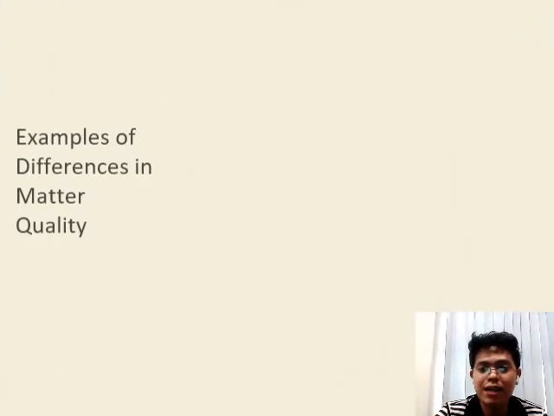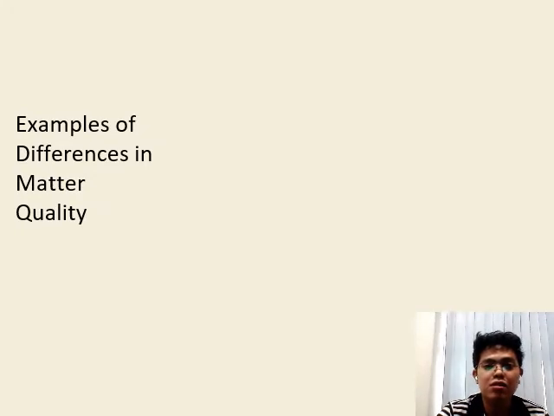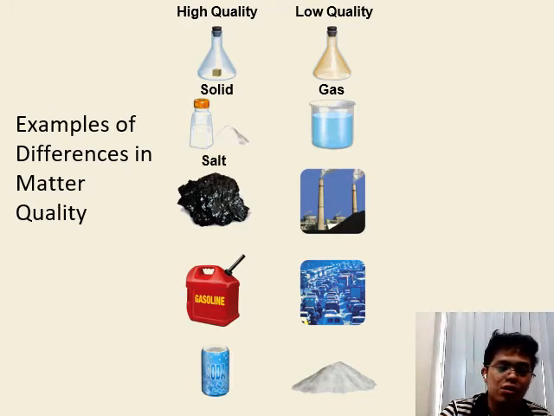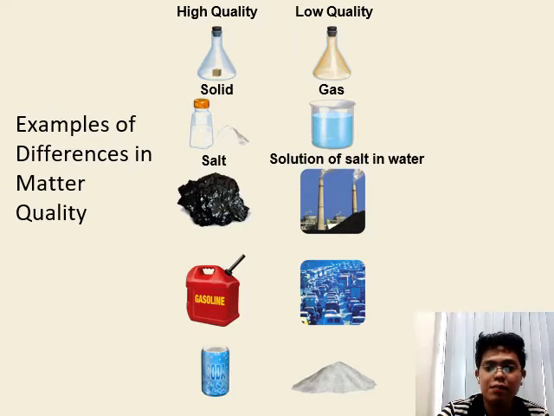Now here are examples of the differences in matter quality, for high quality and low quality. A solid is a high quality matter, and a gas is a low quality matter. Salt is high quality, but when you dissolve it in a water solution, it becomes low quality.